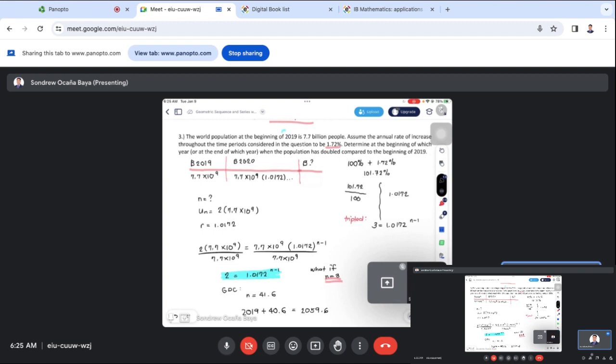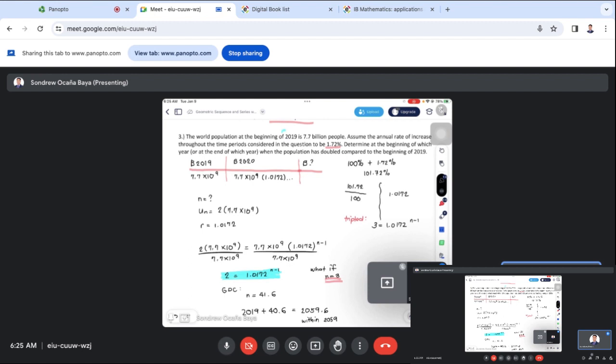In other words, this happens within the year 2059. Okay, to make it safer, because exactly at the beginning of 2059, the population is not yet doubled. It becomes doubled in the middle.